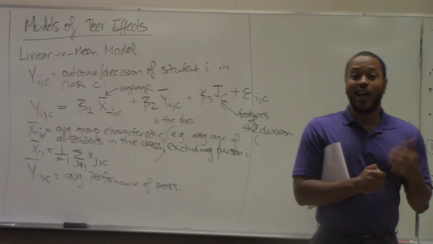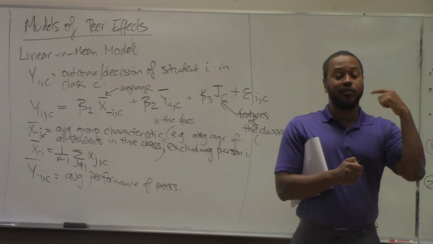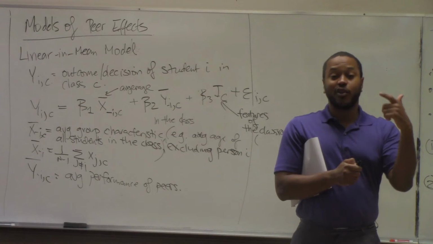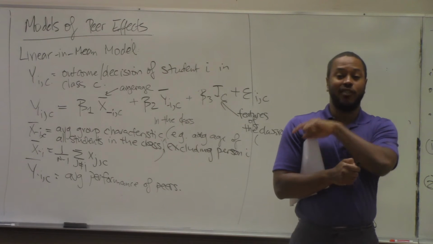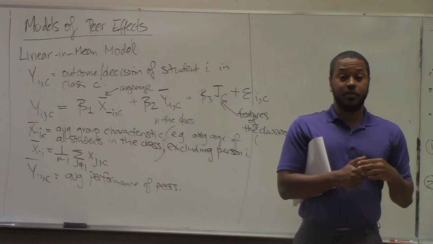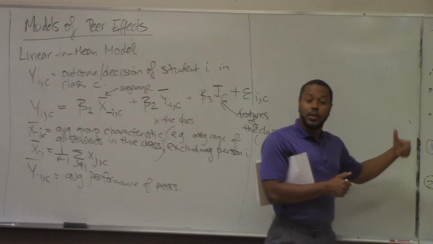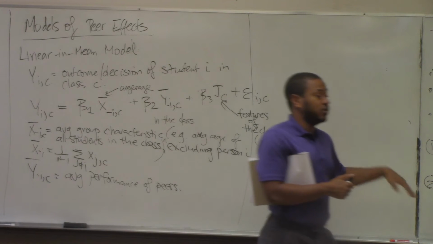Then everyone's like, oh my God, I have to get this grade, and if I don't get this grade, I'm not going to get this. And then all of a sudden, everyone starts to work harder because my peers are working hard, and if I don't work harder, I'm going to get it handed to me. So you can set these high expectations, and this is going to endogenously create competition that can lead to higher performance.